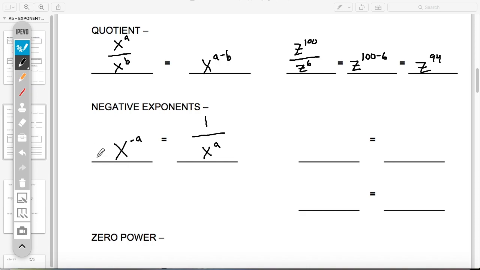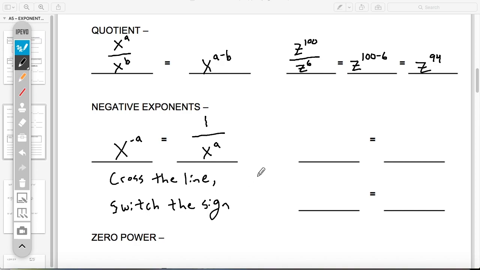Okay, so maybe this little rhyme will help you. Cross the line. Switch the sign. And of course, that's referring to our power.